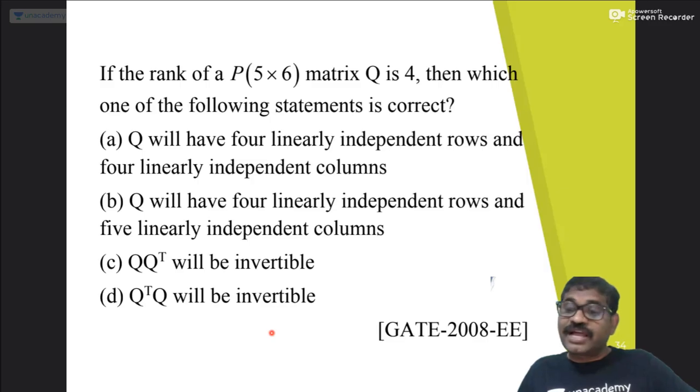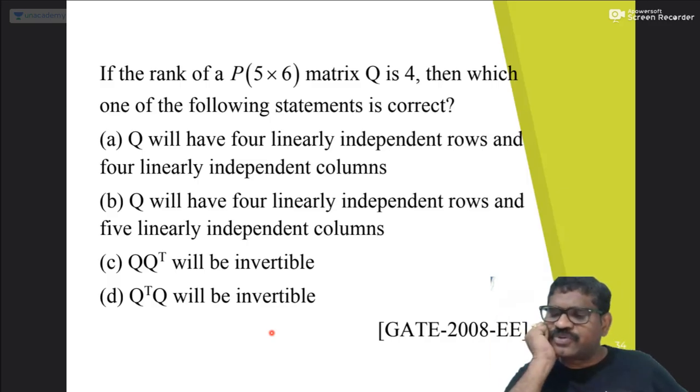Now, concentrate here. A 5 cross 6 matrix with rank 4. Please remember, rank declares the number of independent vectors. Determinant of Q is 0 now, since it is a 5 cross 6 matrix.